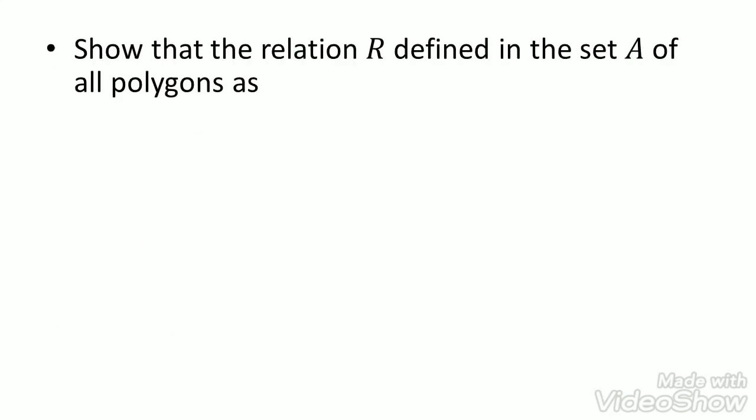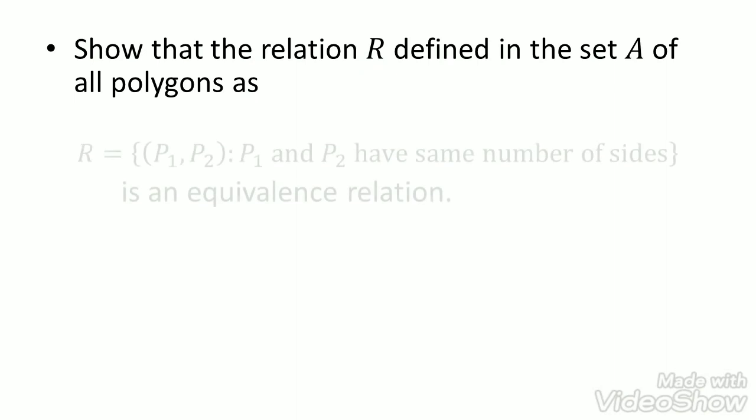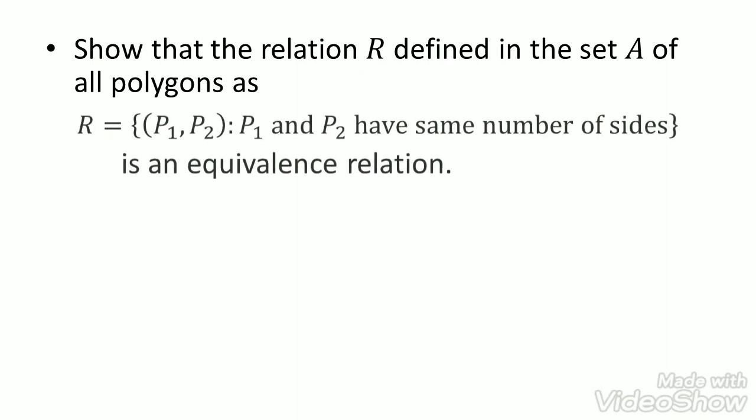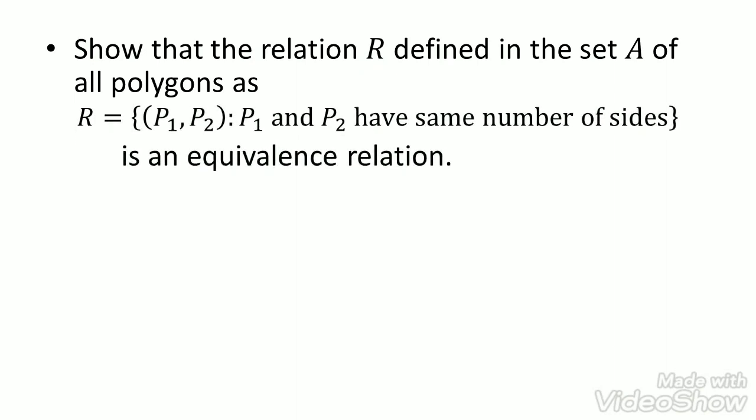Consider the next problem. Show that the relation R defined on the set A of all polygons as R equals (P1, P2) such that P1 and P2 have the same number of sides. You know, the set of polygons includes triangles, quadrilaterals, pentagons, hexagons, heptagons, and all those.